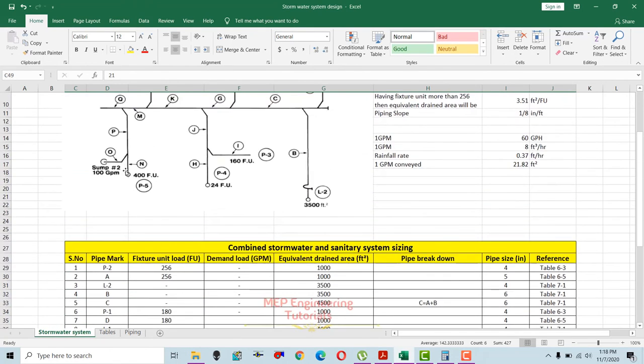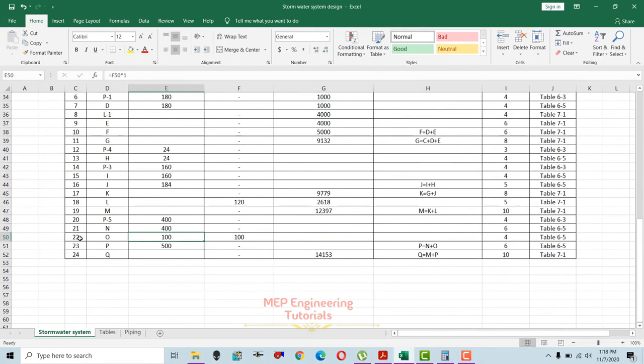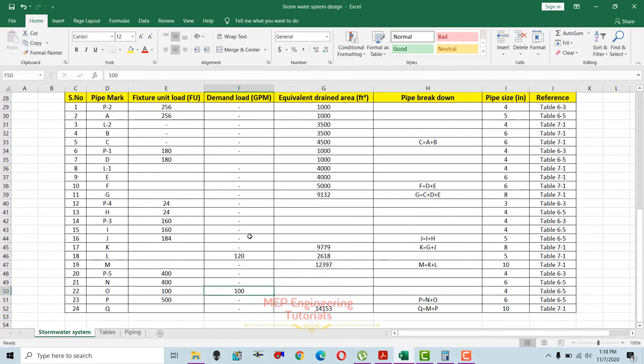Now next is O, which is coming from the sump having 100 GPM drain from that point. So this is 100 GPM, we know that. We are going to use 1 GPM requires one fixture unit over here. So 1 GPM requires one fixture unit in here, so 100 GPM requires 100 fixture units in here.